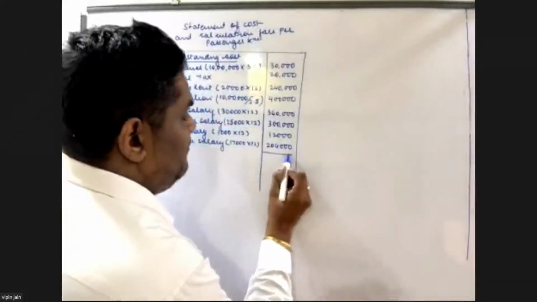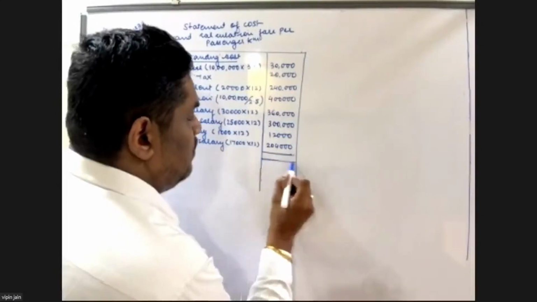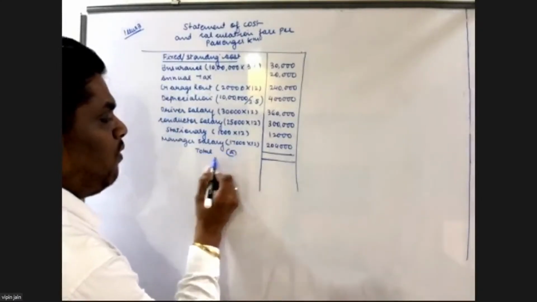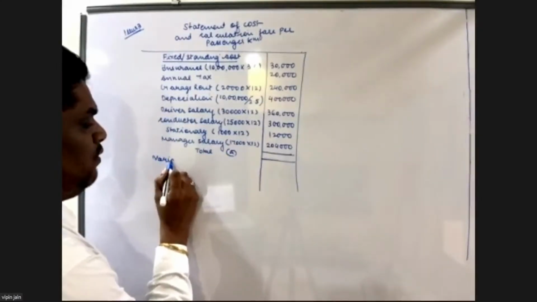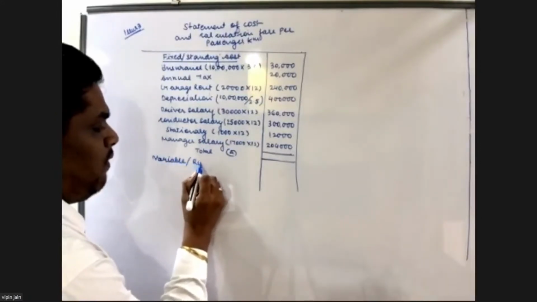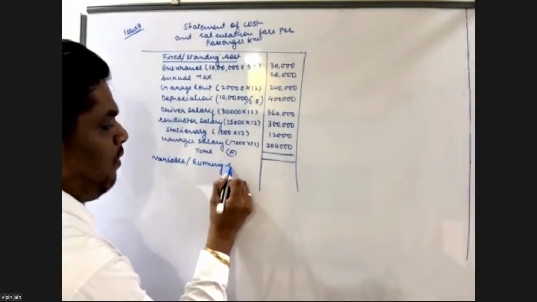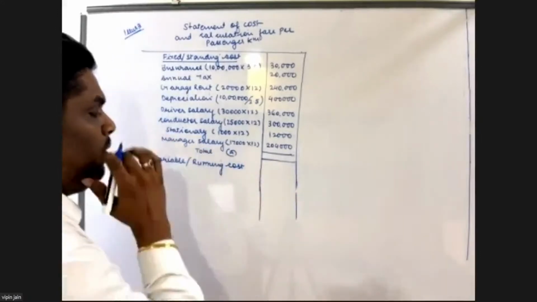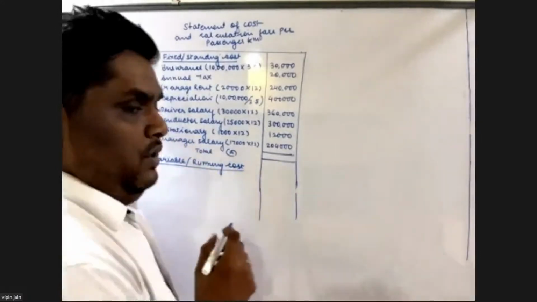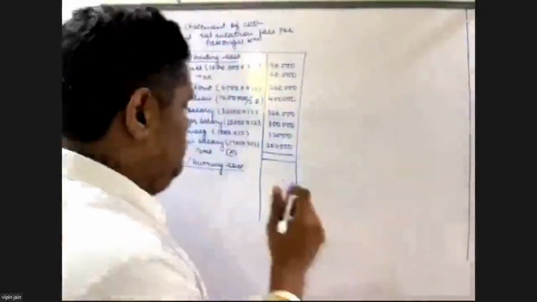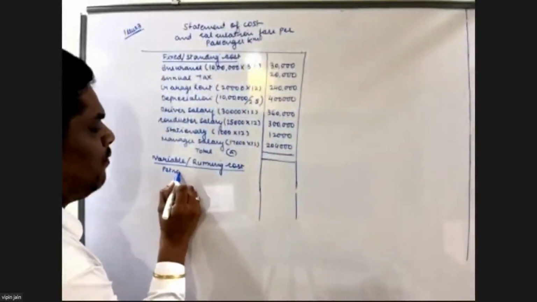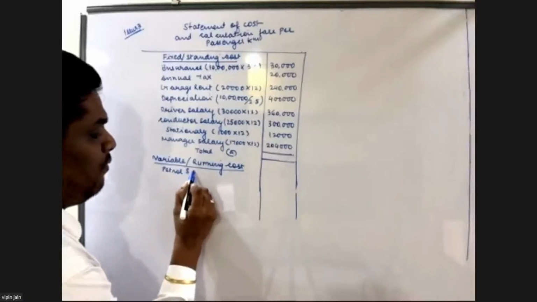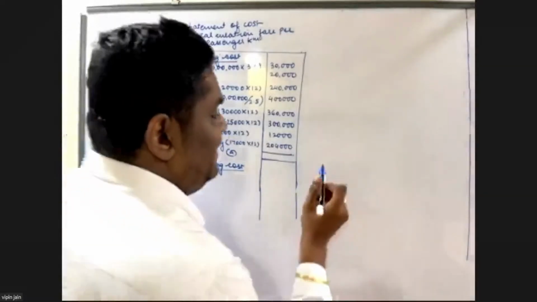So this is all about the fixed cost. We'll start with variable cost now. Petrol and oil is the variable cost, and for this we have to calculate kilometers.